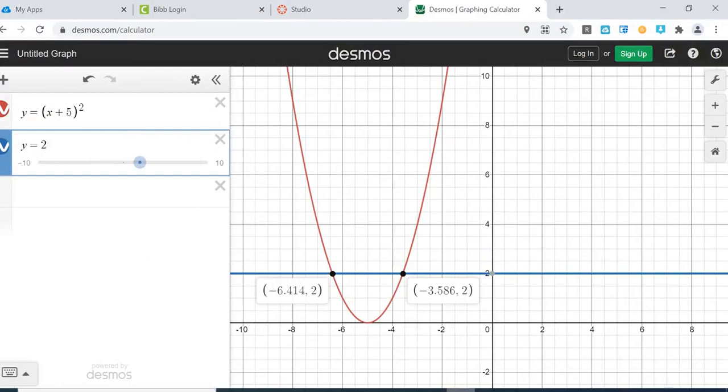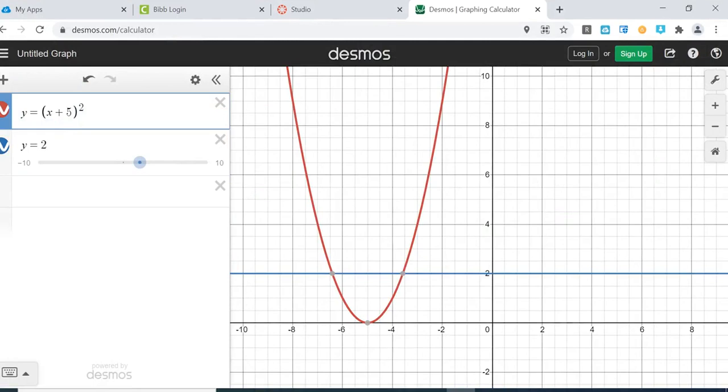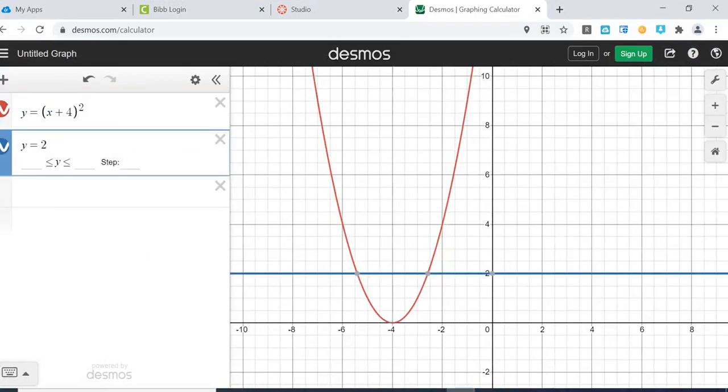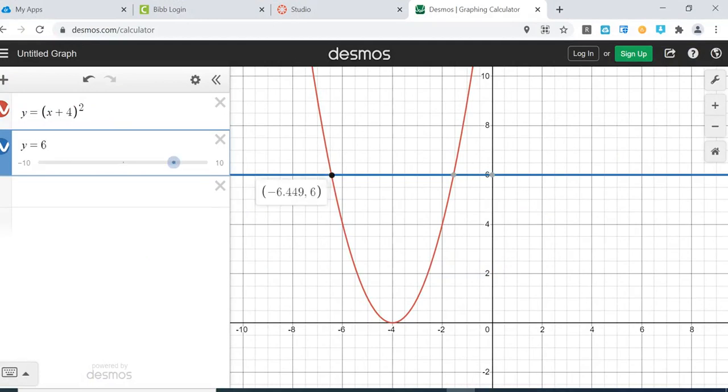So it was (x + 4)². I'm just going to write it here. And the next one was y = 6. Press enter, and it's already graphed it. You want to click on your intersection to have two solutions.